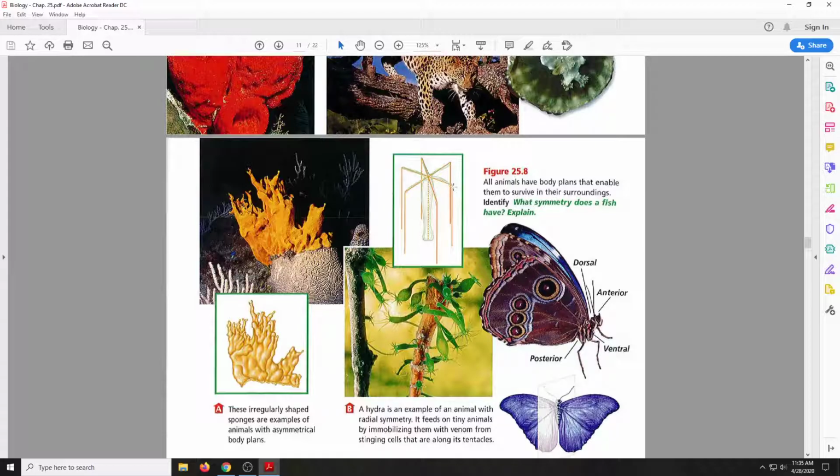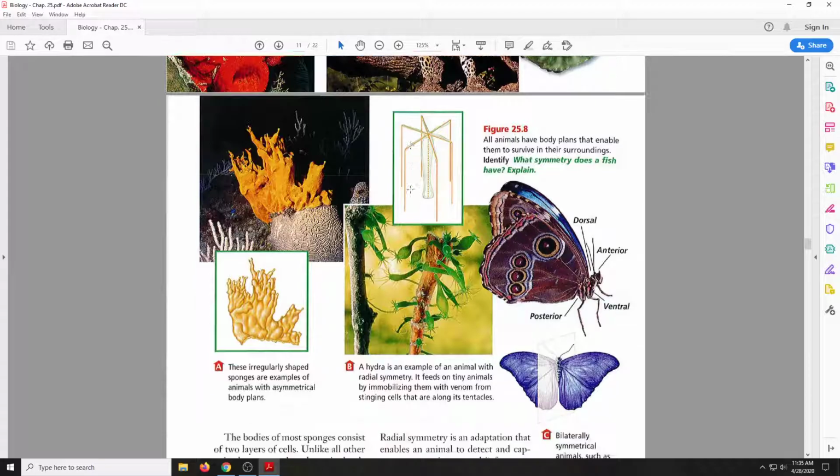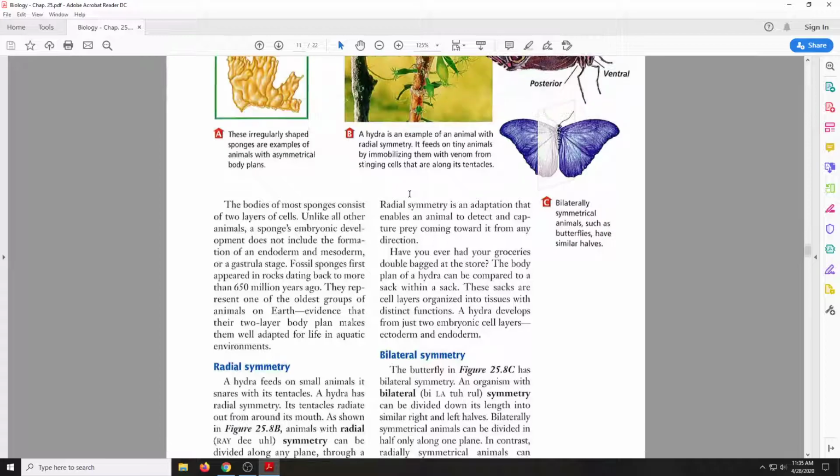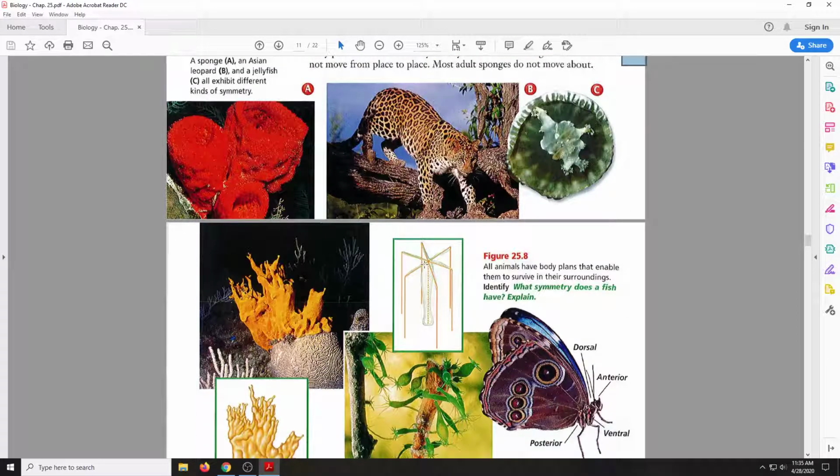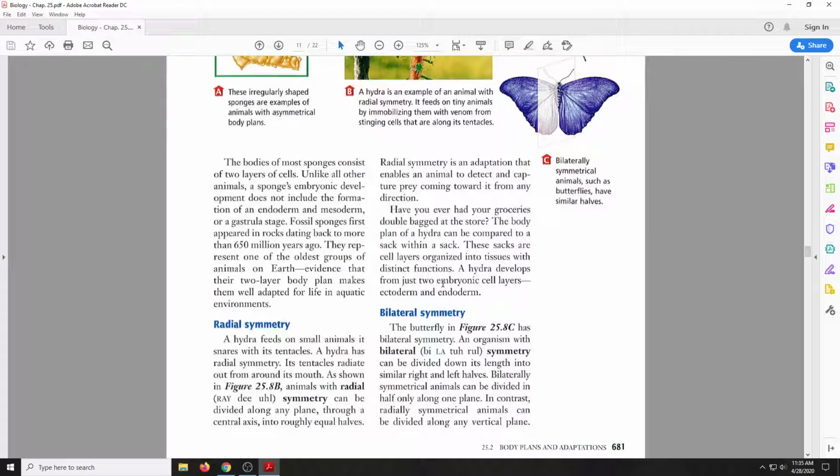It's radially symmetric. Anything that's kind of like a circle like that, or like a repeating pattern, is probably going to be radially symmetric. Jellyfish are radially symmetric. Hydra are radially symmetric. I think that's all the examples I can think of and all the examples that the book gives.